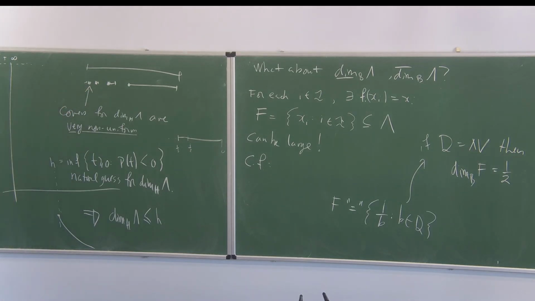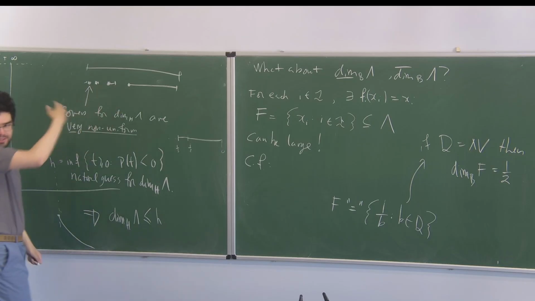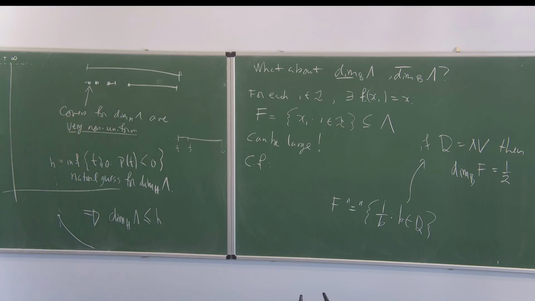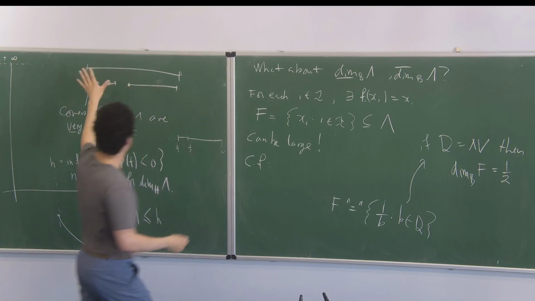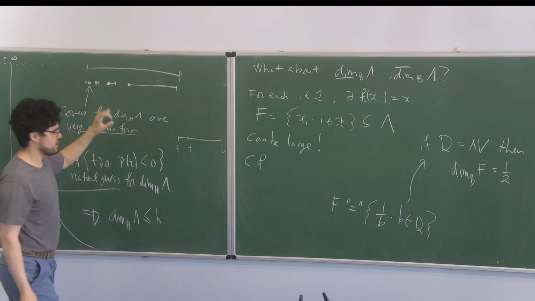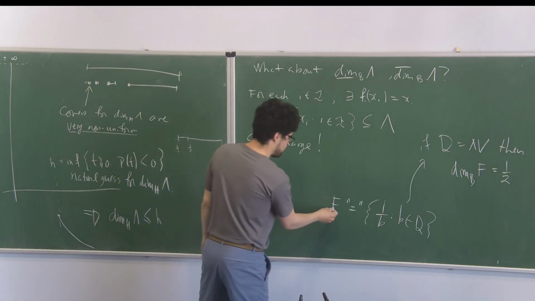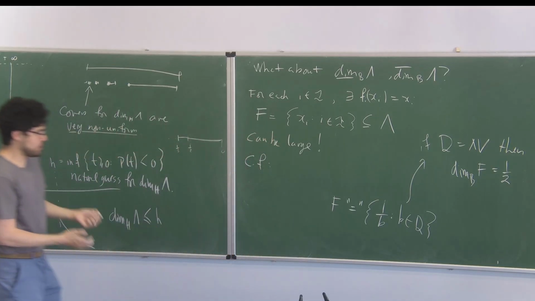So somehow the dimension of the set F and the Hausdorff dimension of the set are a bit decoupled. I mean, this isn't literally true in the sense that the Hausdorff dimension is still seeing something about the tail, but heuristically speaking, we can change the Hausdorff dimension of lambda in such a way that we don't modify the box dimension of F. So potentially this is a major obstruction.